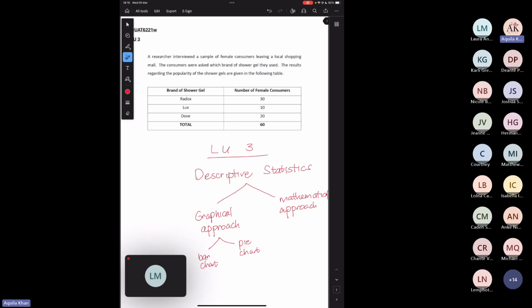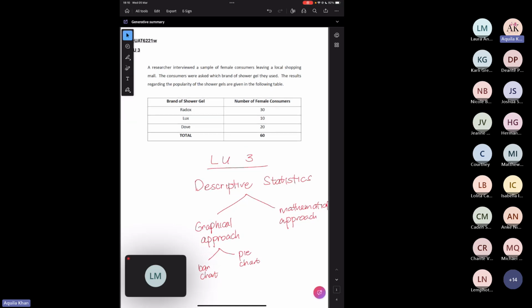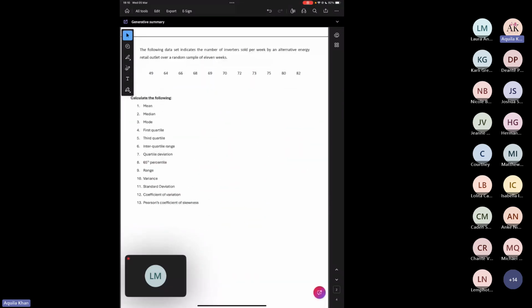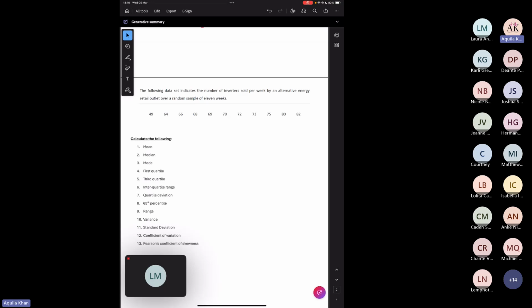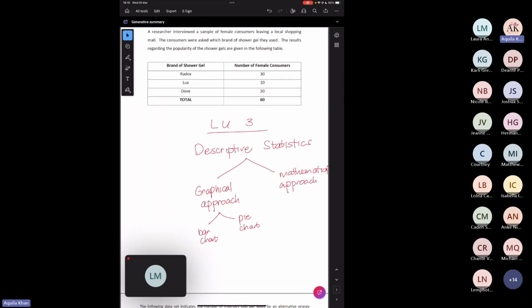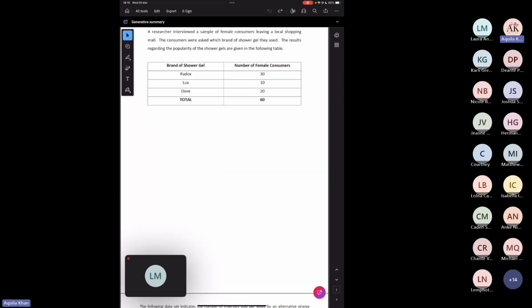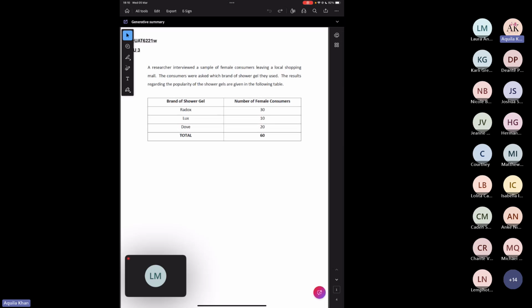Then we'll also look at the mathematical approach, which is on the next page. Here's the mathematical approach, and we'll be calculating the values that you see up here. All right, so let's have a look at the graphical approach first, and then we shall work with the mathematical approach.